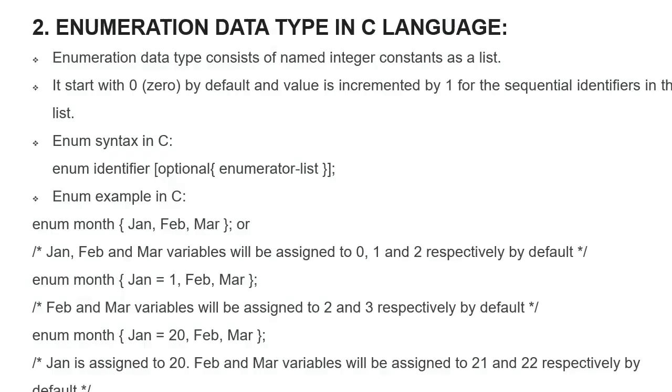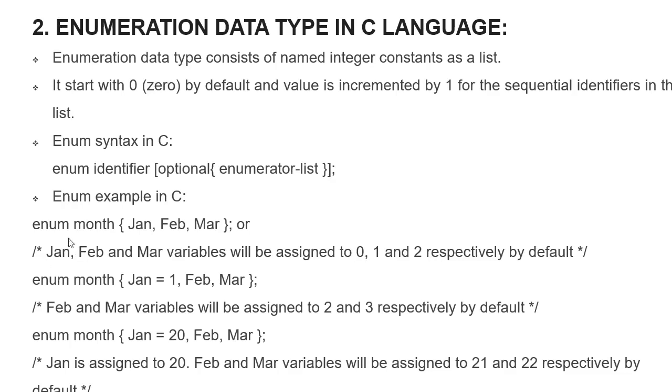Then the second one is the enumeration data type in C language. The enumeration data type consists of a name and a list of integer constants. It starts with 0 by default and the value is incremented by 1. In such a data type, they start with 0 and each following item is incremented by 1 sequentially. For example, January, February, March will be assigned 0, 1, 2 respectively by default.